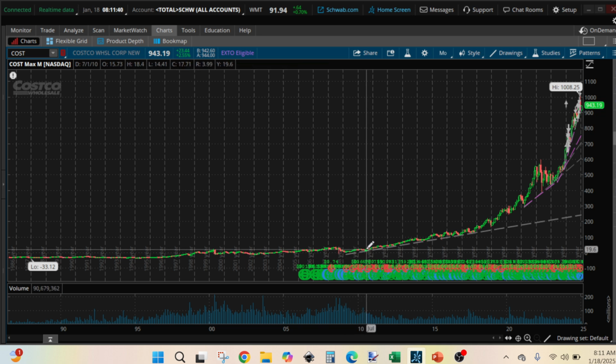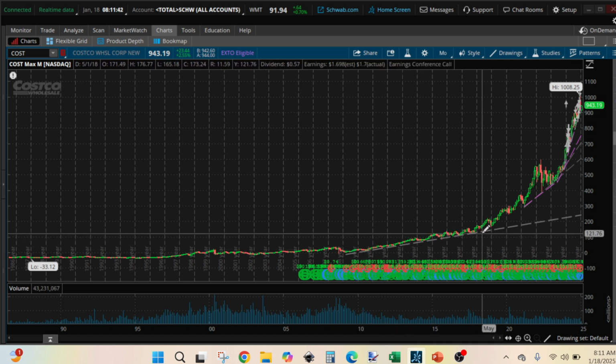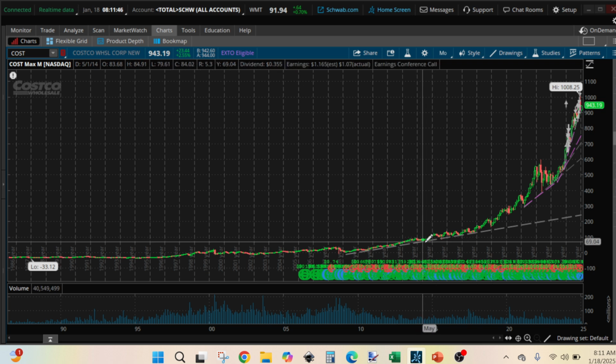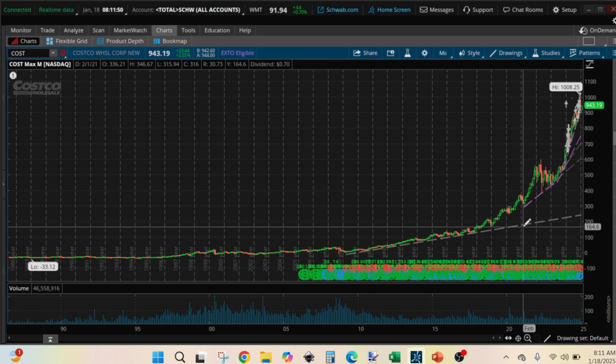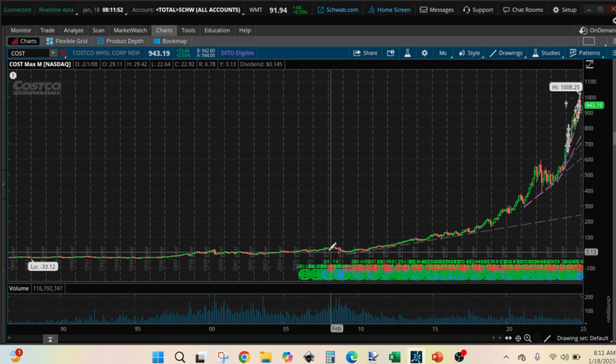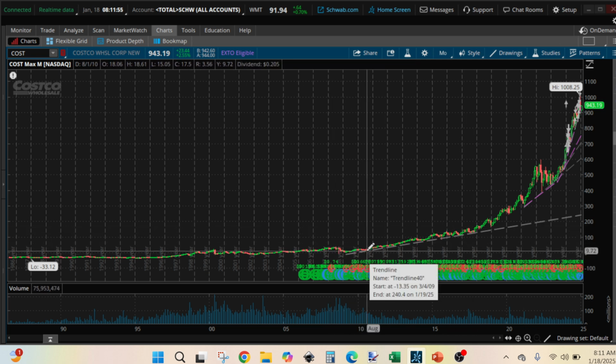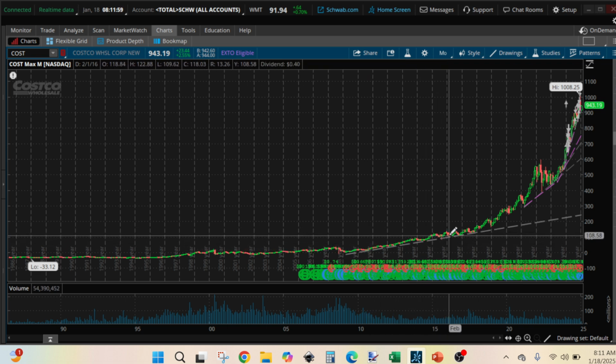I'm connecting those two, and I know that multiple times the chart pulled back to that line that I traced. So it is a support line that the chart pulled back to, to use as a support before going back up again.